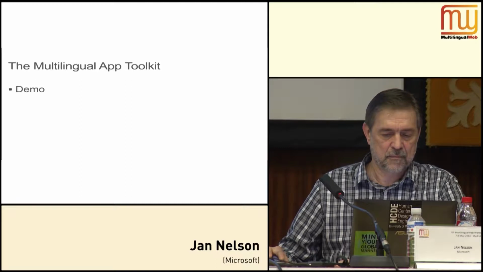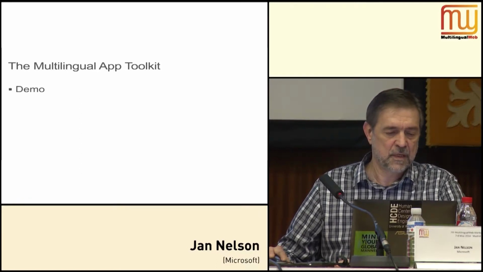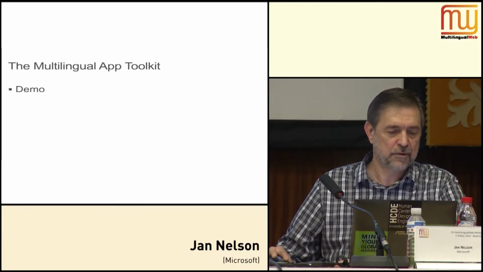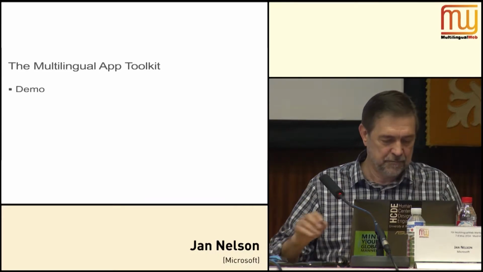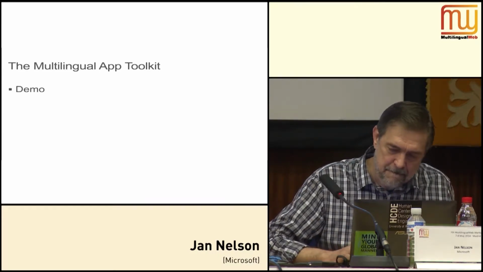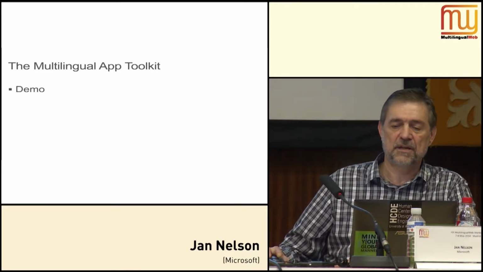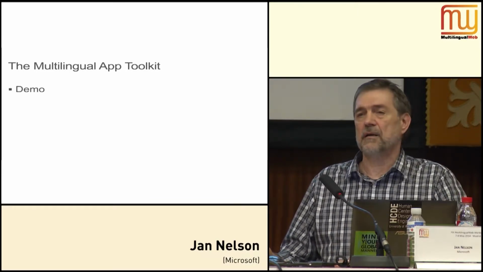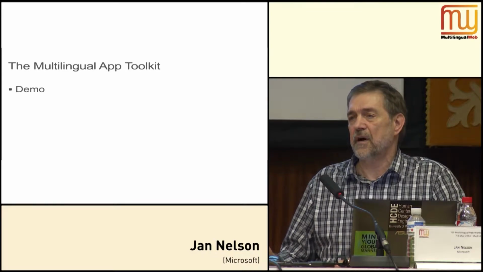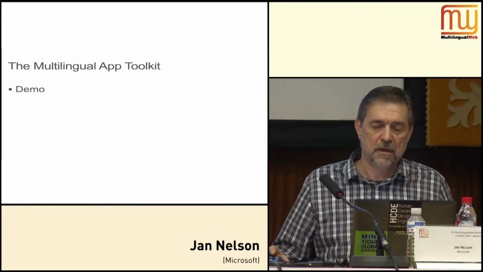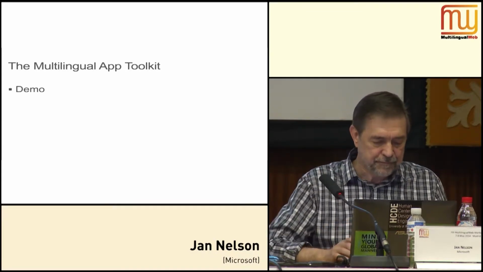Okay. And we'll take German. Okay. Now, if we look over here, we'll see that we now have a de-de.xlf. So we've added another XLIFF file for resources under the resources folder.